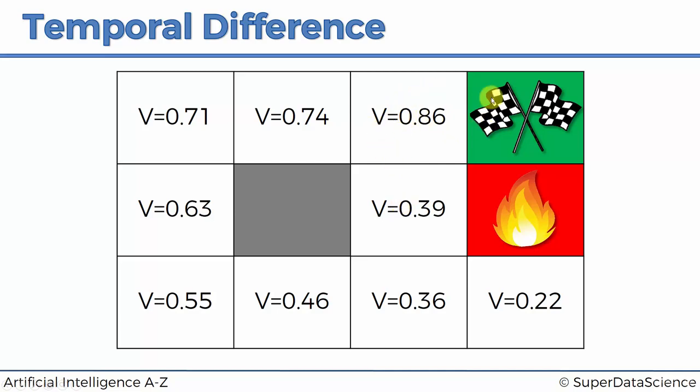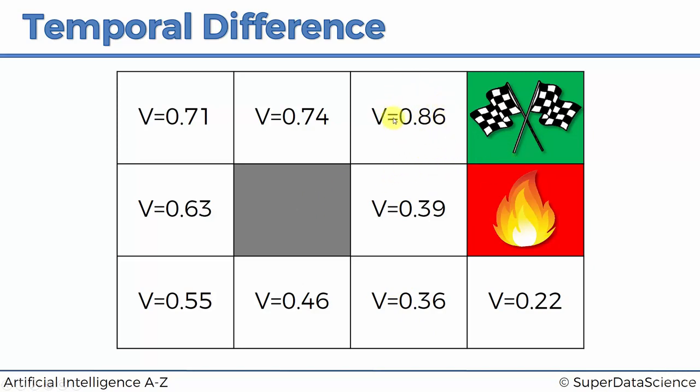So let's call these northeast, southwest. Instead of going west, the agent might sometimes go south. From here, instead of going north, he might sometimes go east. Here, instead of going east, he might sometimes go south. And here, instead of going north, he might sometimes go east or west, and so on.